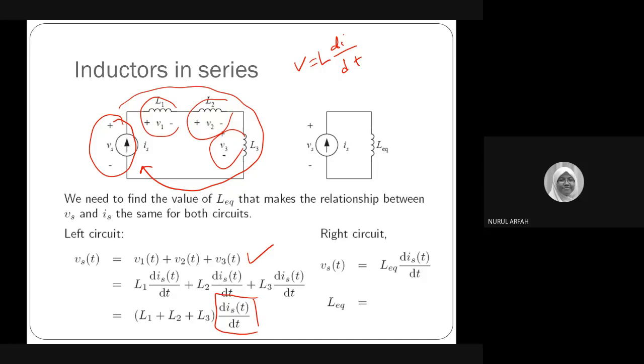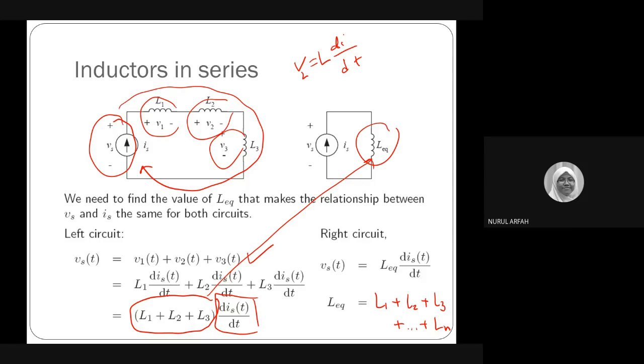Don't forget the L there. And this is the voltage for inductors. The summation of all inductance in series is equal to the equivalent inductor, so L1 plus L2 plus L3 plus more, with the number of inductors in series.